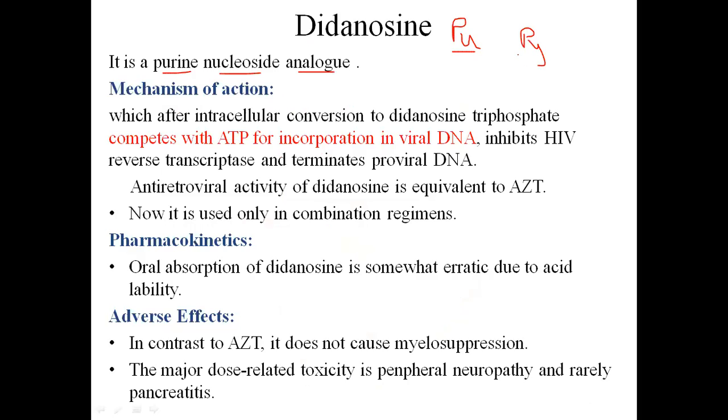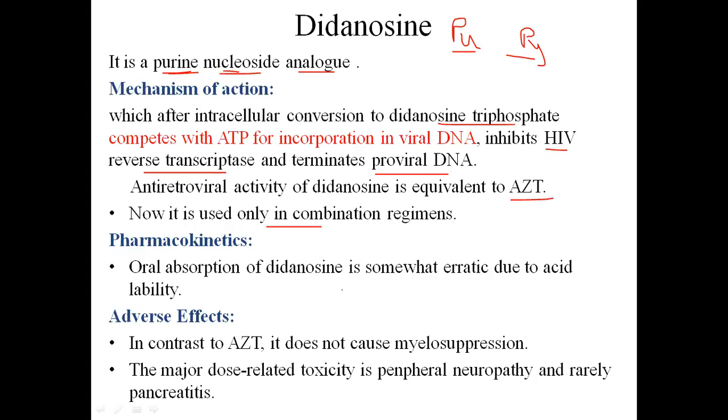Okay, these are the two broad categories of the nitrogen bases, right? तो ये जो है ये प्यूरिन में आता है. इससे पहले हमने जो देखा वो थायमिडीन पायरिमिडीन है. वो मैकेनिज्म ऑफ एक्शन इज व्हाट, इट इज कन्वर्टिंग इनटू ट्राइफॉस्फेट. ओके, सेम वही है जो हमने देखा था, ट्राइफॉस्फेट पे कन्वर्ट होगा. देन इनहिबिट HIV रिवर्स ट्रांसक्रिप्टेज and terminate proviral DNA. Okay, then its antiviral activity is similar to AZT, and it is used only in combination.